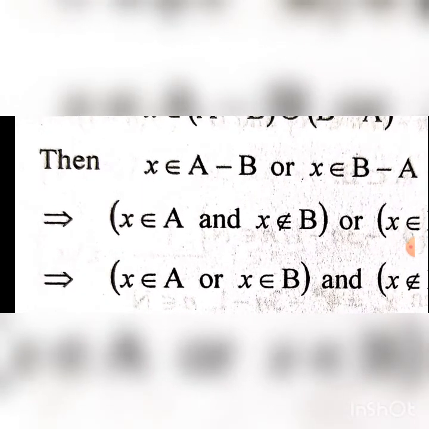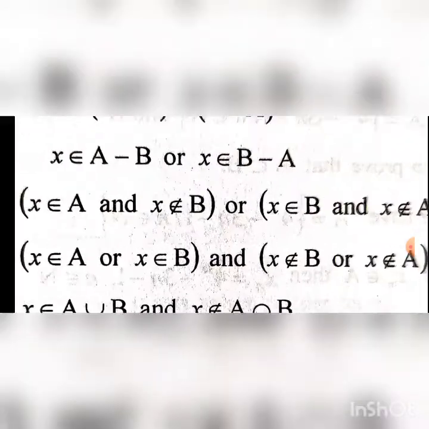Then x belongs to A minus B or x belongs to B minus A. So by definition of complement, what will it be? x belongs to A minus B means what? x belongs to A and x does not belong to B. Or x belongs to B minus A means what? x belongs to B and x does not belong to A.